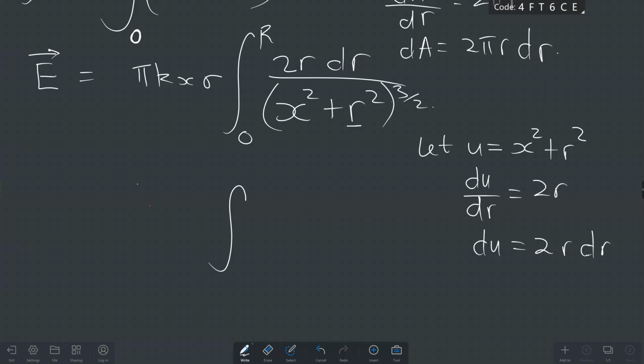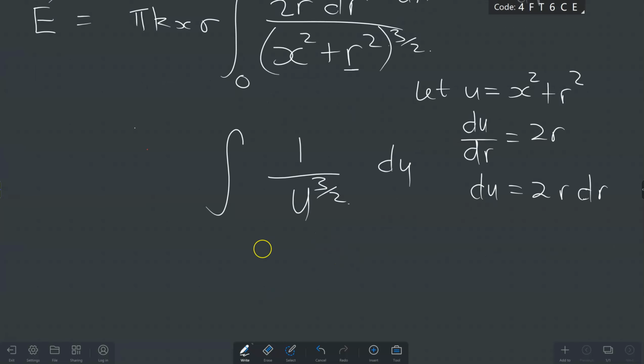The substitution will now be easier for us to make. So we replace 2r dr with du. That means we'll have 1 du over u to the power 3 over 2. That gives us the integral of u to the power of minus 3 over 2 du.